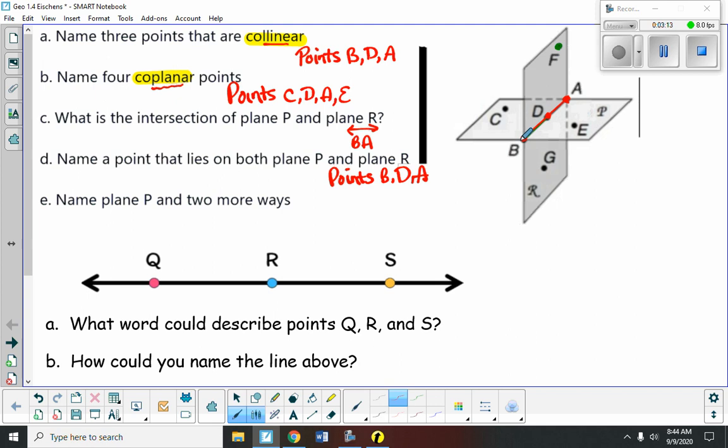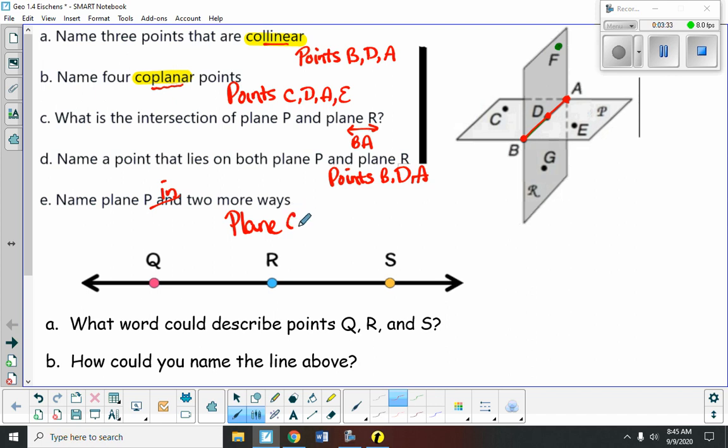And letter E says, name plane P in 2 more ways. This should say in 2 more ways. So plane P is this one. And remember, the other way that we can name a plane is to use 3 letters that are at a vertex or at a point.